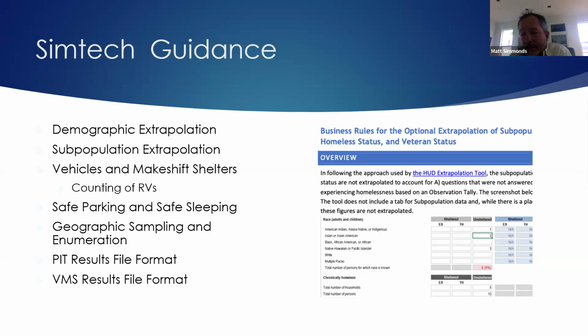If HUD HDX, for example, had an import, you could potentially just upload it there. We weren't really sure what the administration was going to be doing, and we're still waiting for 2025 PIT results, which is embarrassing to say the least, of our federal government to hold back on those.